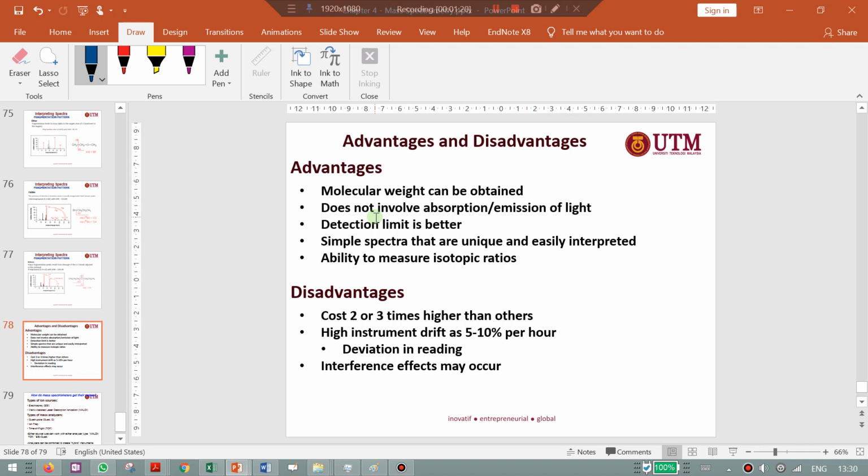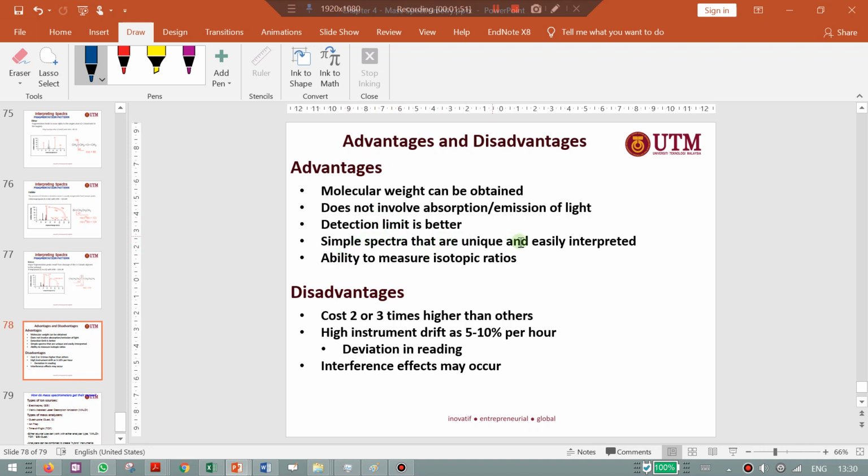If you compare to UV, probably the detection limit is better. Compared to other detectors such as ECD or FID, it actually depends on the specification of that particular detector. But compared to UV, probably yes. Generally, MS has a much better detection limit.